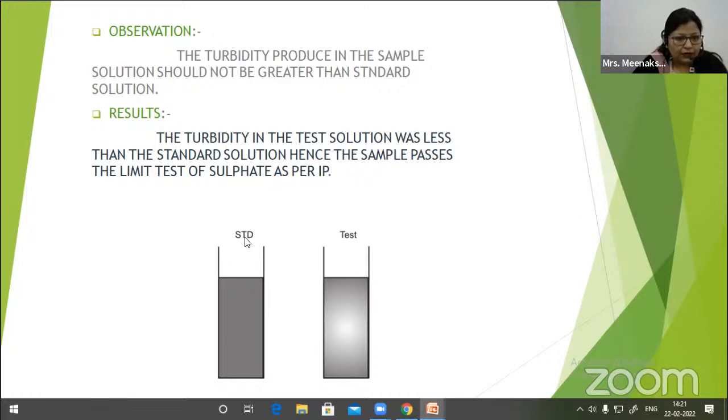The result should be that the test has lesser turbidity than the standard. If so, then the sample passes the limit test for sulfate. In case the turbidity appears to be more in the sample, then our sample fails the limit test for sulfate. Procedure is as per the Indian Pharmacopoeia, that is IP.